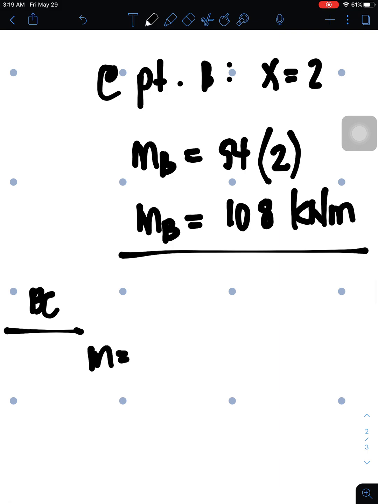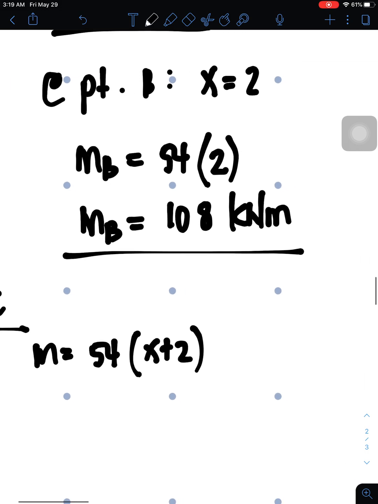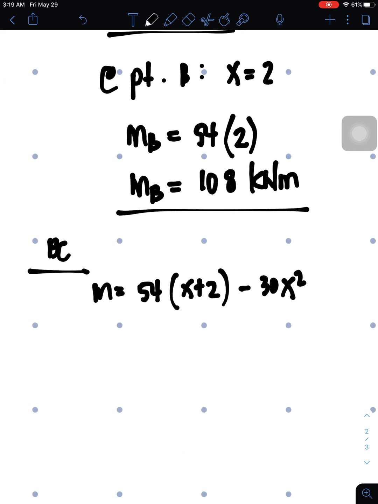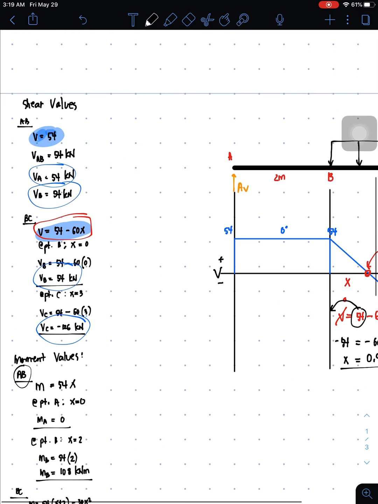So moment equation is 54 times x plus 2 and then minus 30x squared. Okay, so we are at point B. So therefore x is equal to 0 again.